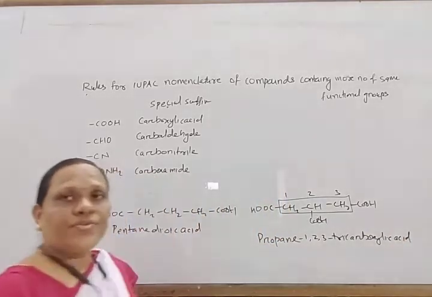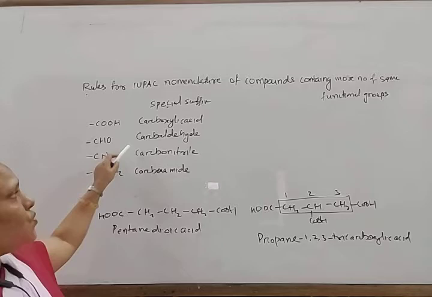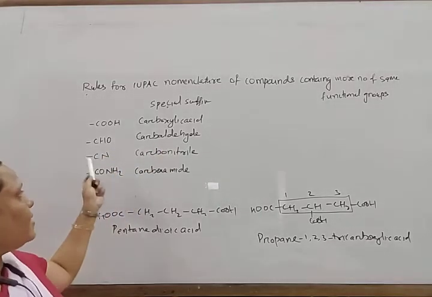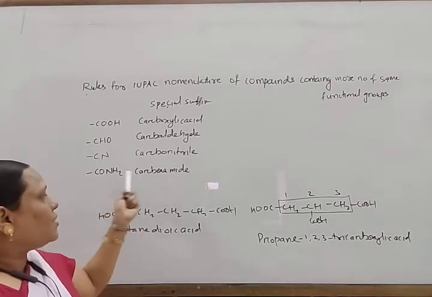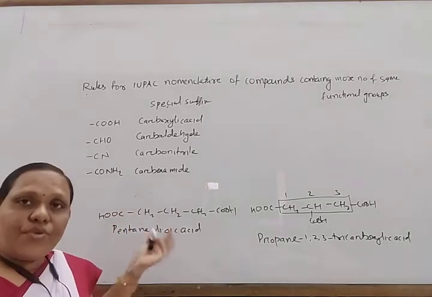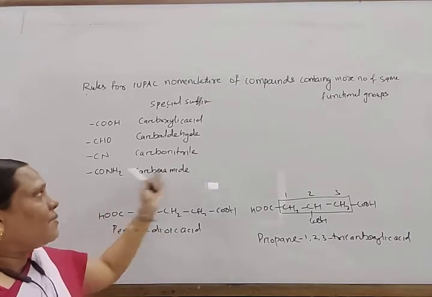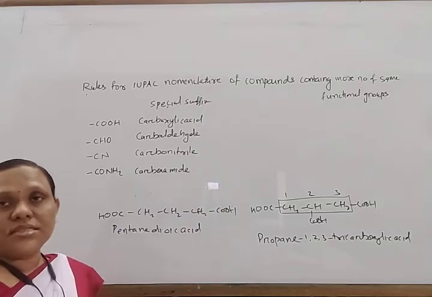In this way, these are named. If a CHO group is present, then it is known as carbaldehyde. If 3 CN are present, tricarbonitrile. If 3 CONH2 are present, then tricarboxamide. If 4 are present, tetracarboxamide, tetracarbonitrile, tetracarbaldehyde. In this way, these are named.